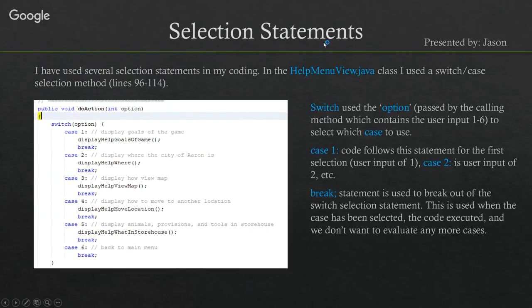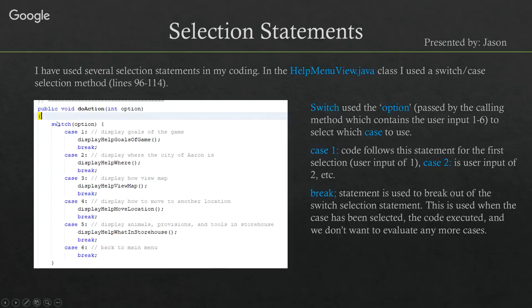So I want to talk a little bit about some of the code that I wrote, some selection statements. Switch and if are two examples of selection statements. If someone wants to pull up the repository that we have, you can show lines in the help menu view class, 96 through 114.